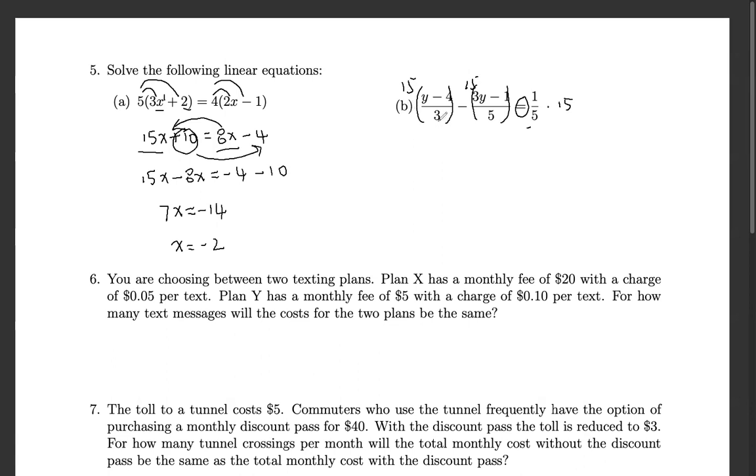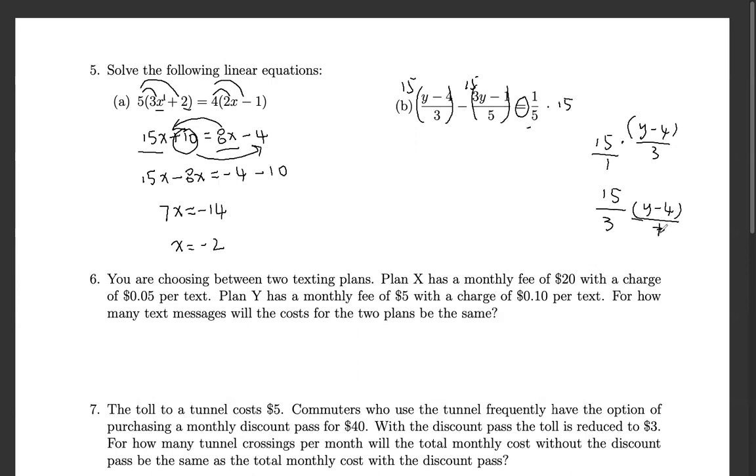Right, 15 times, let's put it on the side. So 15 multiplied by y minus 4 divided by 3. How do I think about this? I can think of this as 15 because it's a multiplication, so I can switch the order. I can think that's 15 divided by 3, then times y minus 4 divided by 1.